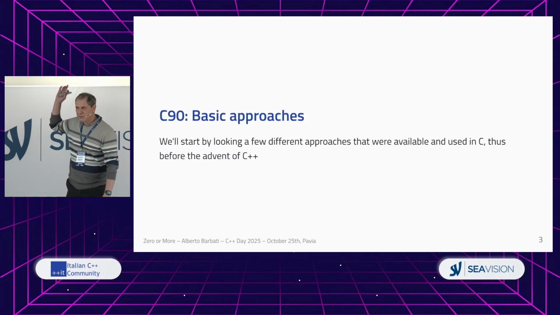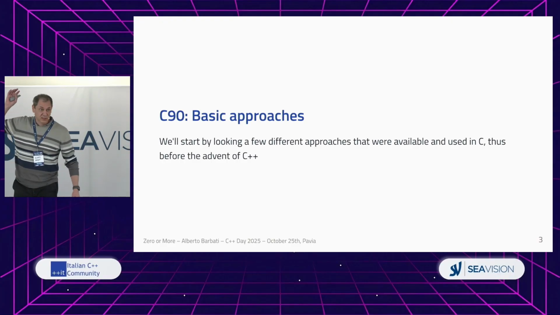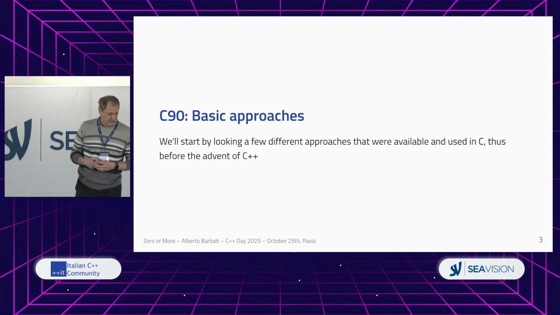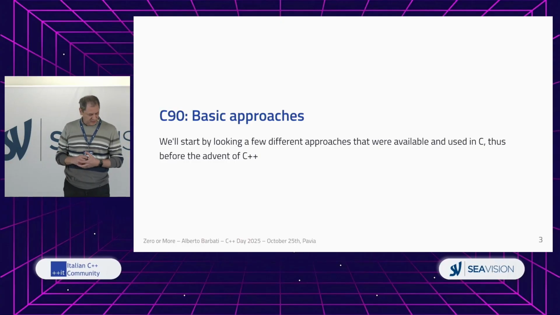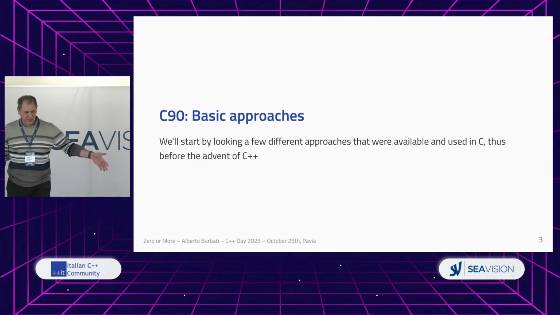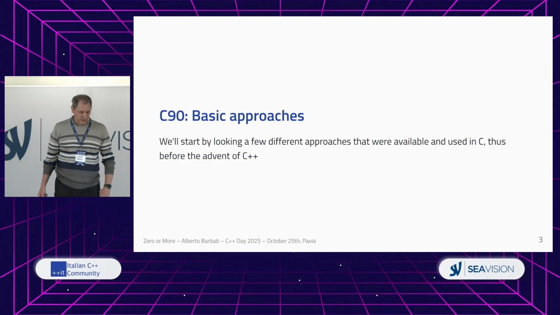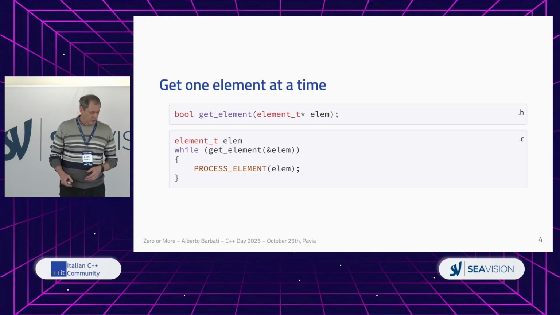Let's start with the very beginning. C90, sorry, C90 because C was before C++. And of course, programmers in C already had this problem of returning multiple elements from a function. And so how did they approach the problem?